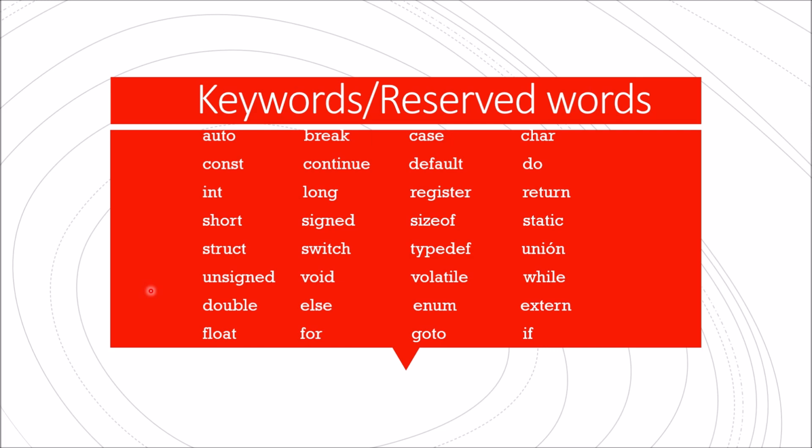The C programming language has a set of 32 reserved words or keywords, which we can't use to name our data. That's because some of them tell the compiler attributes of our data or how to execute the program, so we can't use any of them.